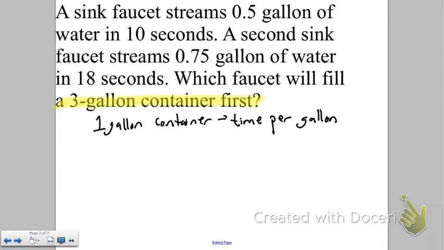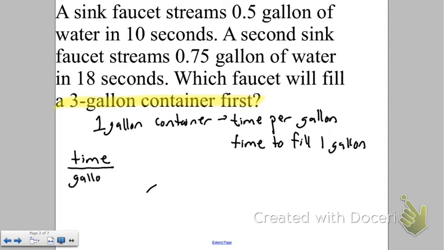This will give me the time to fill 1 gallon. Since I have time per gallon, that means I'm going to do the time divided by the number of gallons.